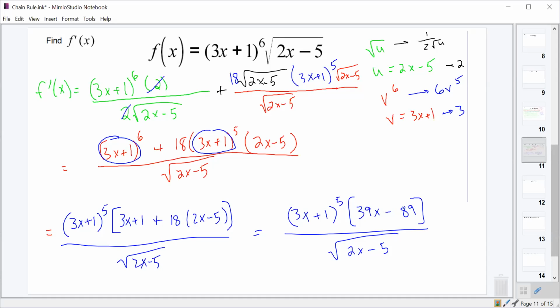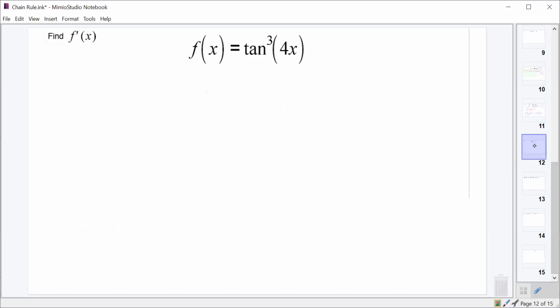All right. Here we've got tangent cubed 4x. So this is definitely a composition of functions. So it's going to require the chain rule. How are we going to break this down into a composition?